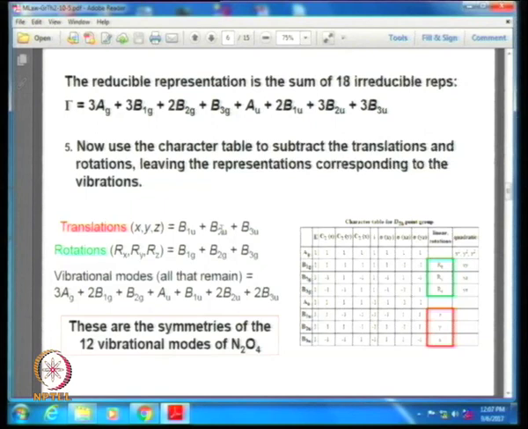The B2u, from 3 B2u it will become 2 B2u, and the B3u becomes 2 B3u. So we remove the contributions to this character which comes just from bulk motion of the molecule. Therefore what remains are all the vibrational degrees of freedom, and its size should be 12 now, this representation.